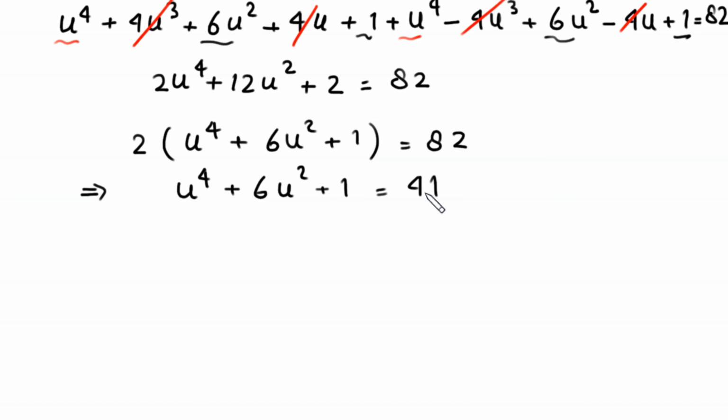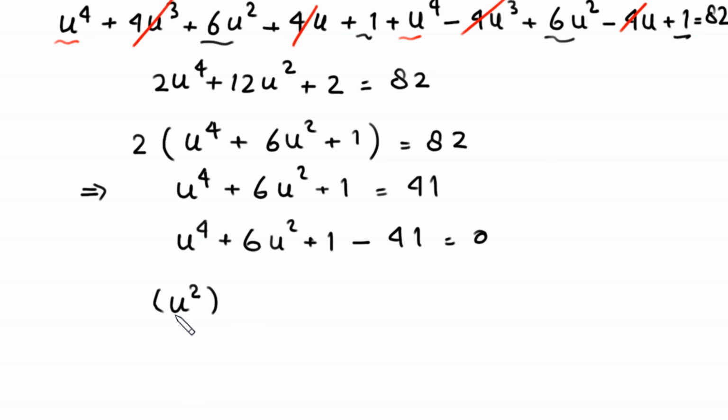Move this 41 to the left hand side, then this becomes u^4 + 6u^2 + 1 - 41 = 0. This u^4 can be written as (u^2)^2 + 6u^2, and 1 minus 41 will become negative 40, equal to 0.